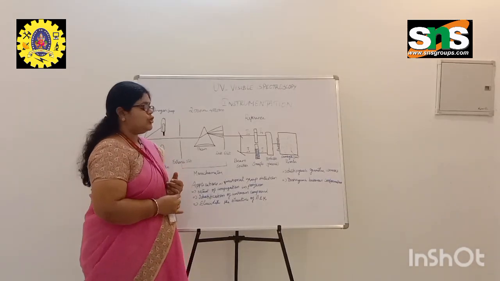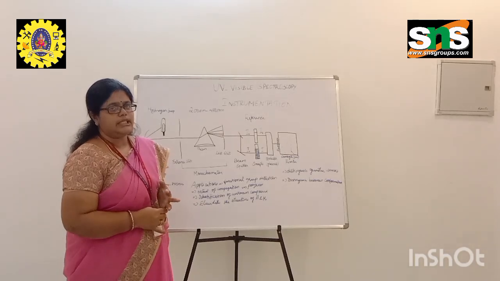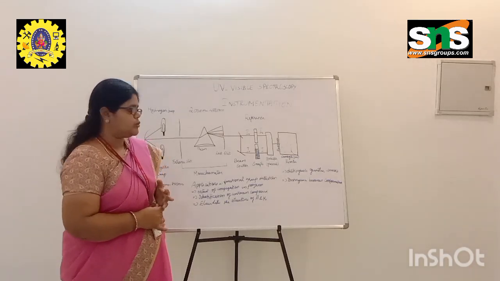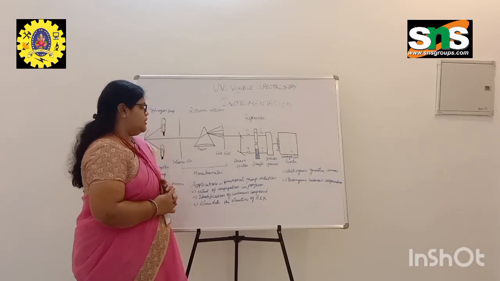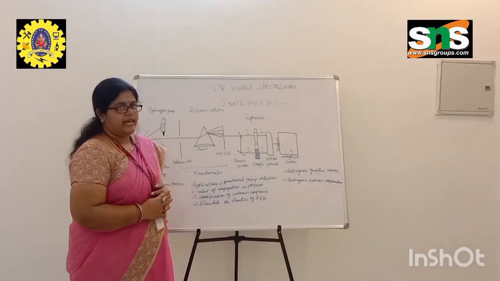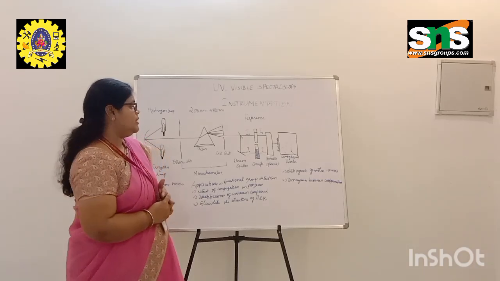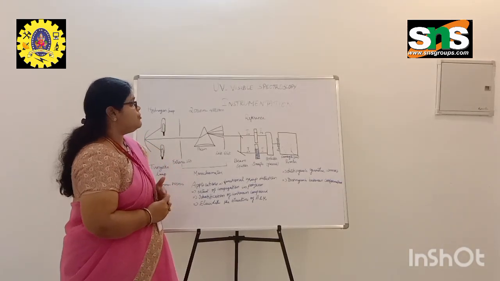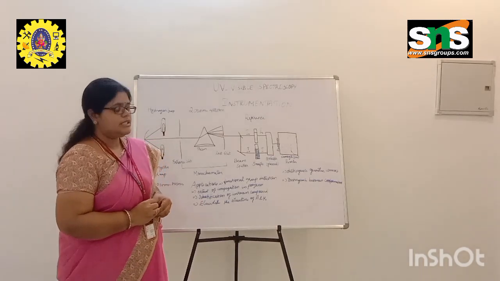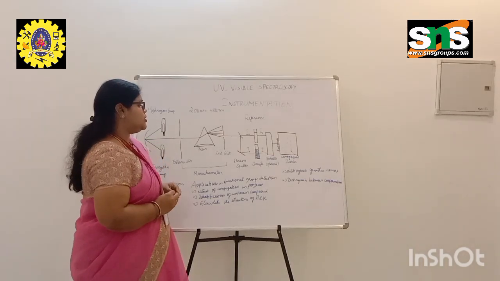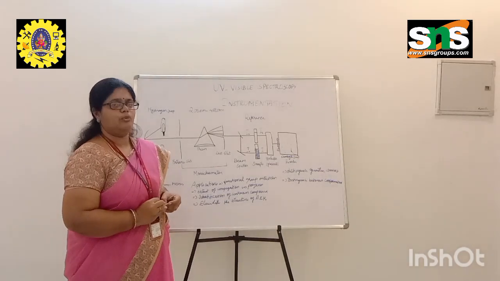Identification of unknown compounds can be done using ultraviolet visible spectroscopy, and the structure of vitamin A and K can be elucidated. You can differentiate the different geometric isomers of substances, and you can also distinguish between the conformations of different compounds.